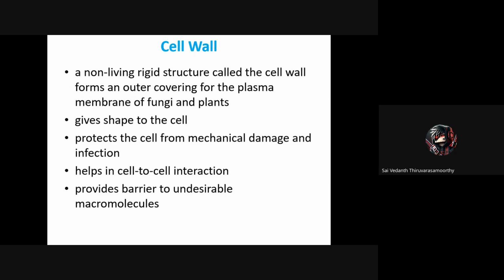Cell wall is a non-living component of the cell. And what it does: it gives shape, it protects the cell, gives mechanical support, helps in cell-to-cell interaction, and acts like a barrier. All this you can write in one point just by writing one keyword.